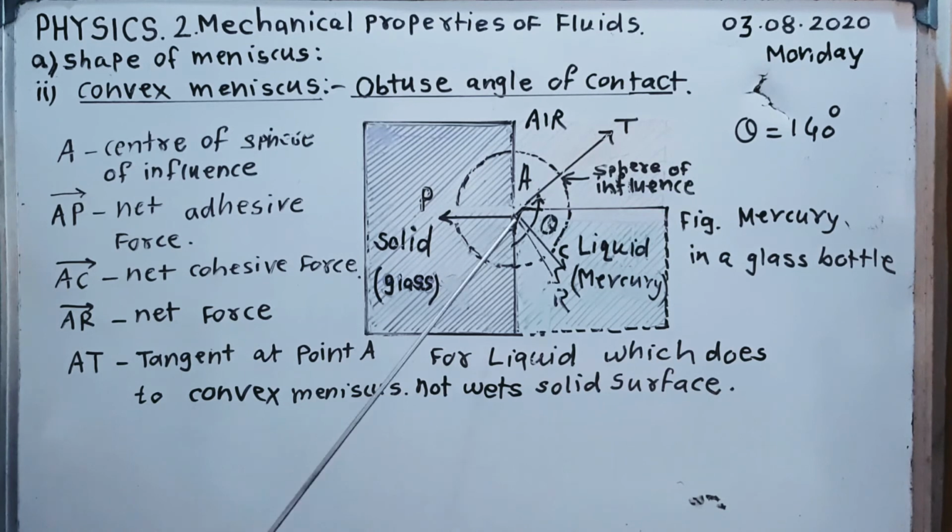The net adhesive force acting on the molecule is from A to P in this direction, and this force is acting in a horizontal direction, and since the wall is exactly vertical, the magnitude of the cohesive force acting on the molecule A is large as compared to the adhesive force, and this resultant force therefore lies along AR and it is directed into the liquid.